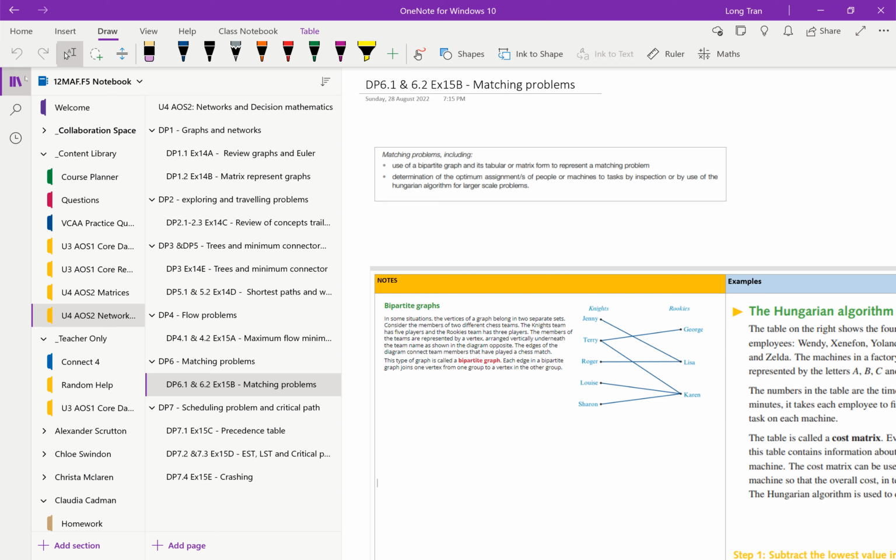That's 6.2. And then the last bits, I'm going to have to squish them in. So, say Friday session, we'll do 15C and the introduction to 15D. And that means the Tuesday of week 9, I can then finish off 15D and 15E. I know crashing is tricky, but you won't understand crashing without understanding 15D.